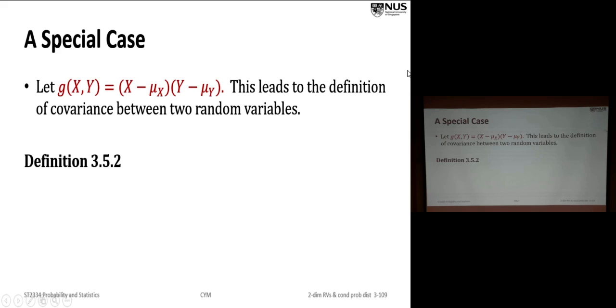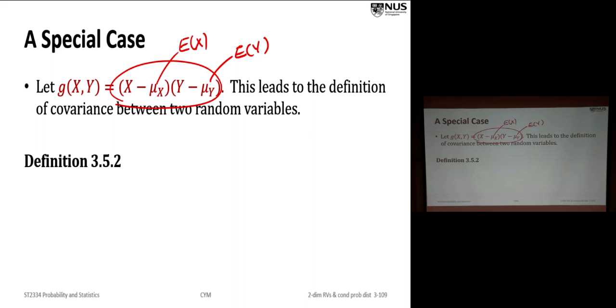All right, so a particular case is when this function equals (x minus mu x) times (y minus mu y). Remember, mu x is the expectation of x, and mu y is the expectation of y. Now the expectation of this function has a name. It's called the covariance of x and y. This quantity tells us how x and y behave jointly.